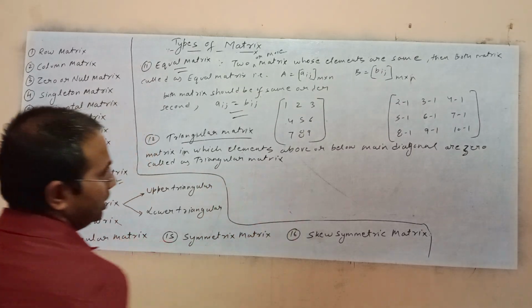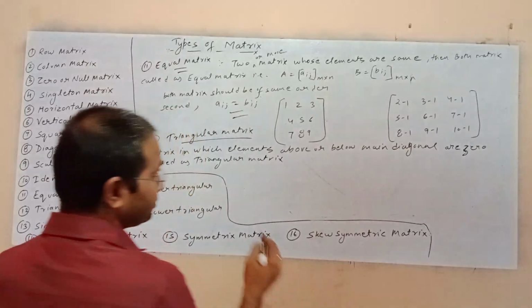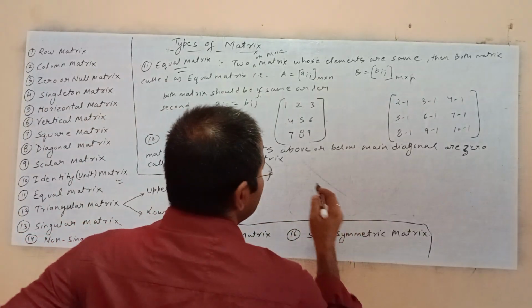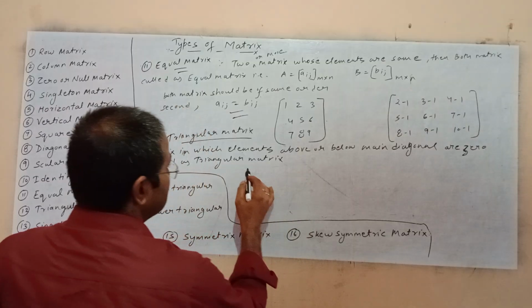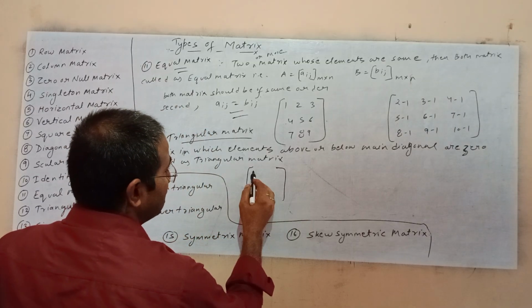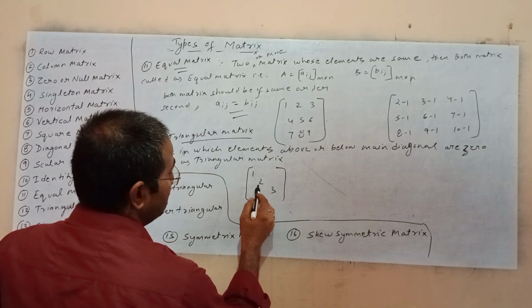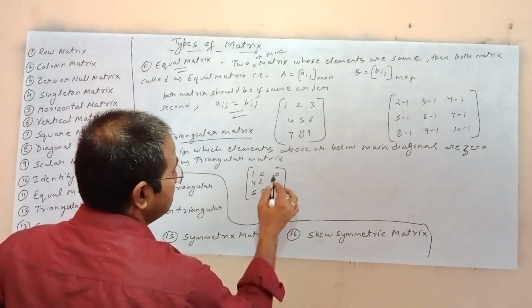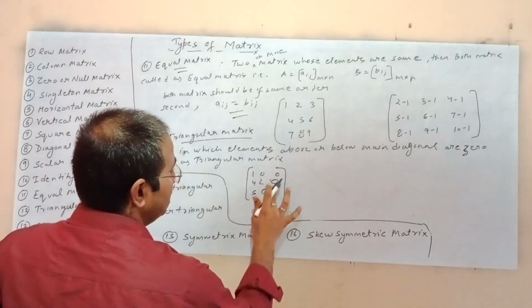How will you define it? In the main diagonal, elements will be there. See here, suppose I am writing the main diagonal as 1 2 3. Here I am writing 4 5 6 and the remaining are 0.